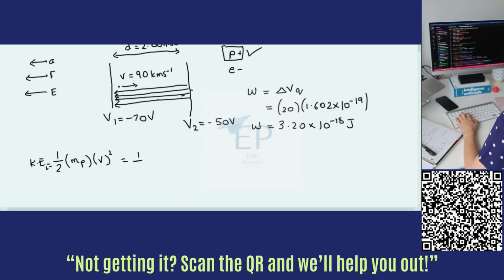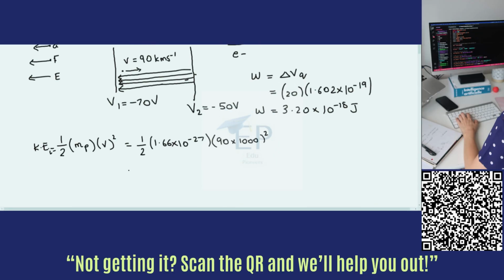Now the mass of a proton is 1 atomic mass unit, which is equal to 1.66 into 10 to the negative 27 kilograms, times the velocity squared, which is 90 kilometers per second. That is 90 times 1,000 meters per second squared. That gives us an initial kinetic energy of 6.72 into 10 to the negative 18 joules.